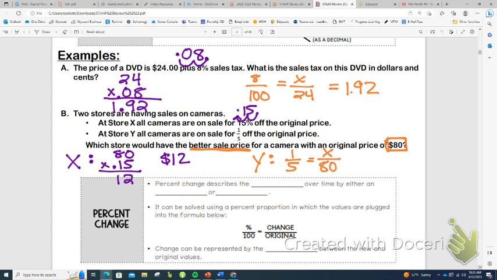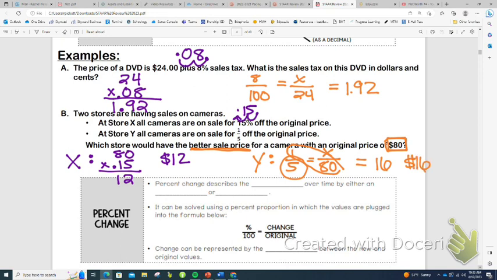Now we can go from 5 to 80, but if you don't know how to go from 5 to 80, you can cross multiply and divide and do 80 times 1, which is 80, divided by 5, and that's going to give you 16, which means that store Y takes $16 off the total.